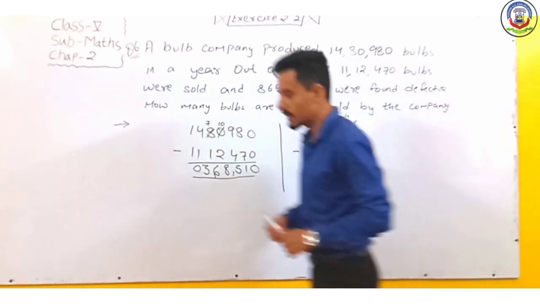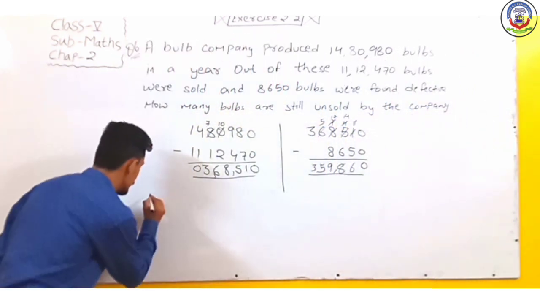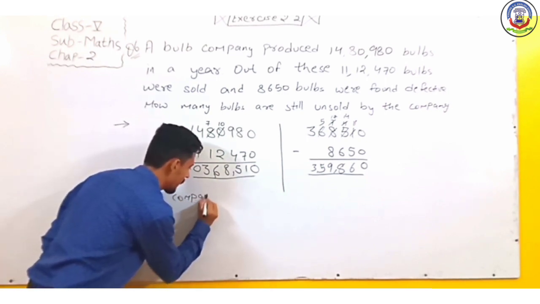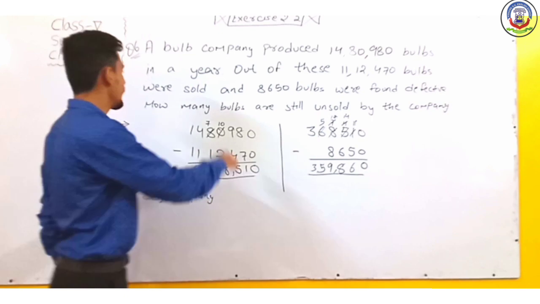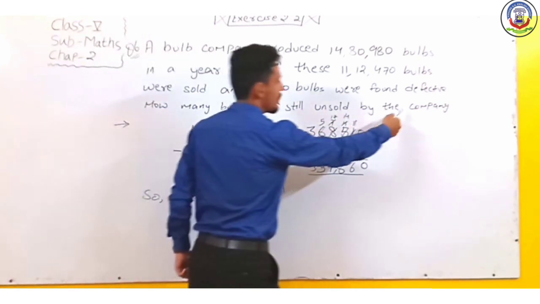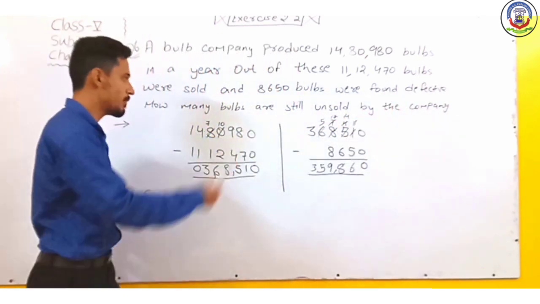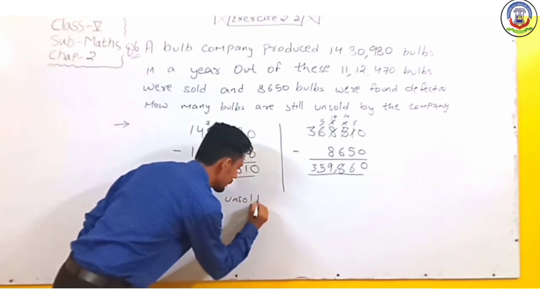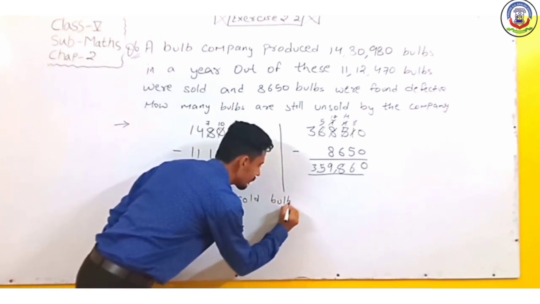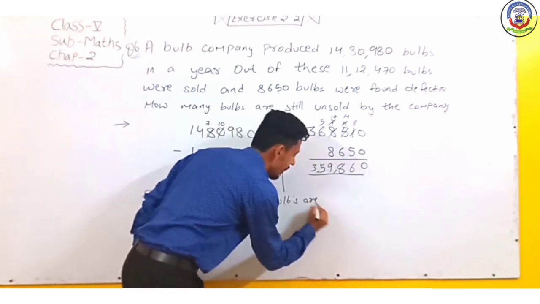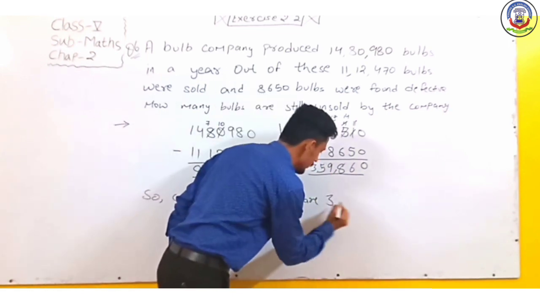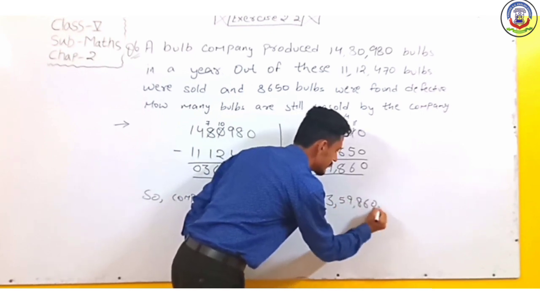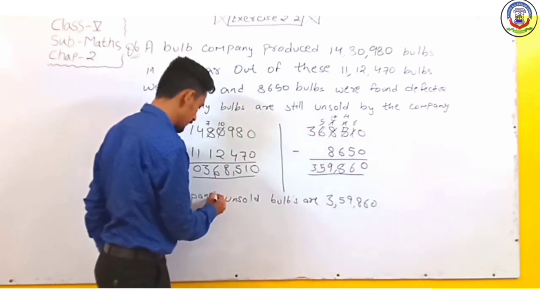So we can write that, so company, क्या हम लोग फाइंड करना था? हाउ मेनी बल्ब्स आर स्टिल अनसोल्ड बाय द कंपनी. सो कंपनी अनसोल्ड बल्ब्स आर हाउ मच? 3,59,860. Okay.